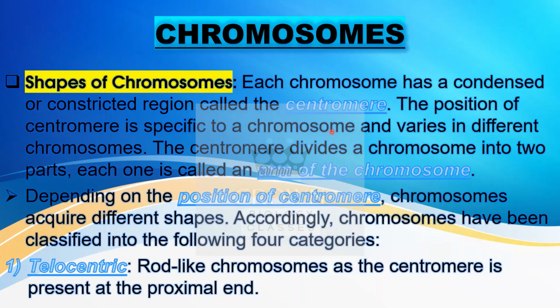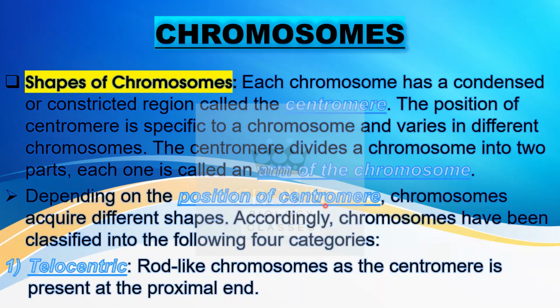That means this position can be different in different chromosomes. The centromere divides the chromosomes into two parts, and those two parts can be equal or unequal, and each one is called an arm of the chromosome.